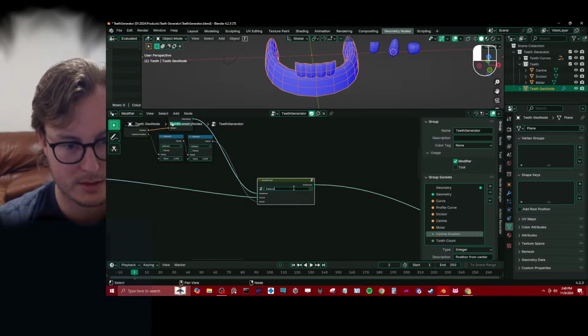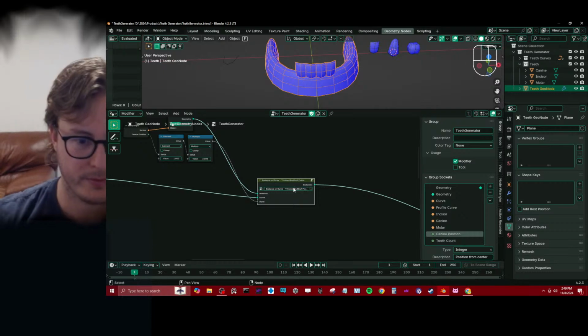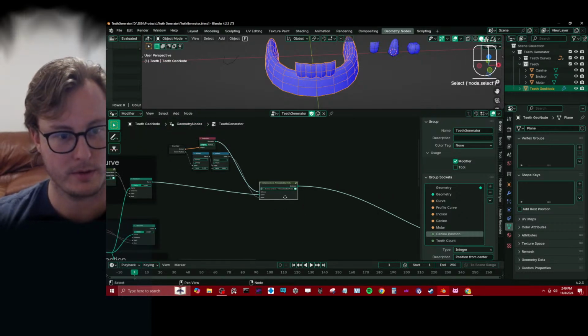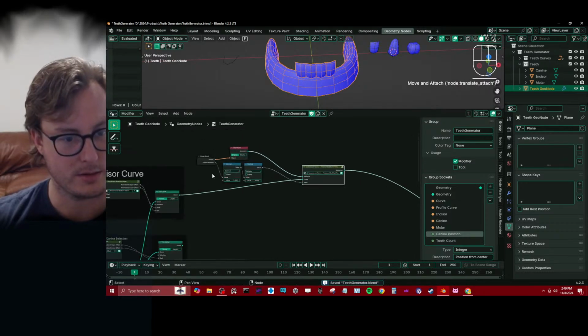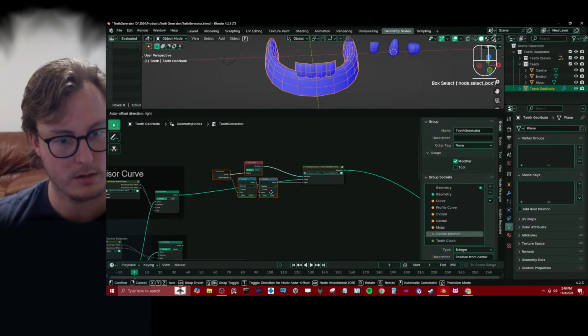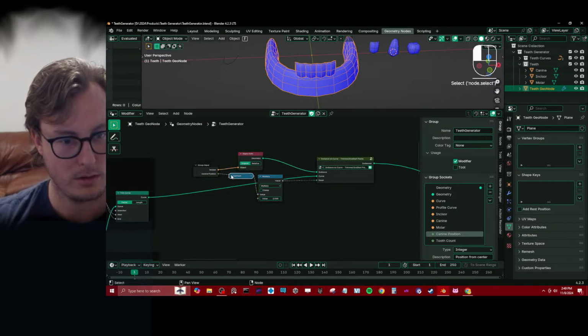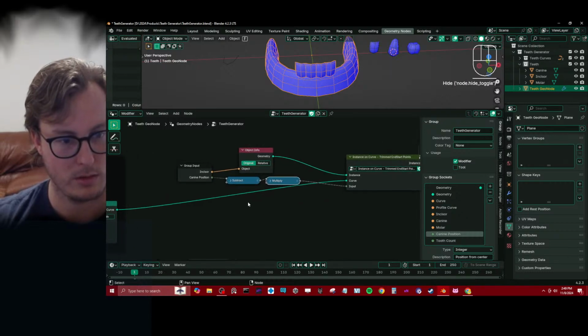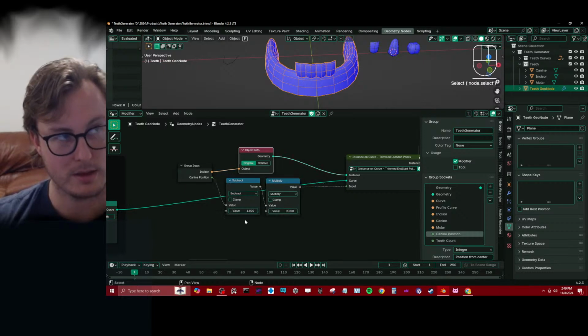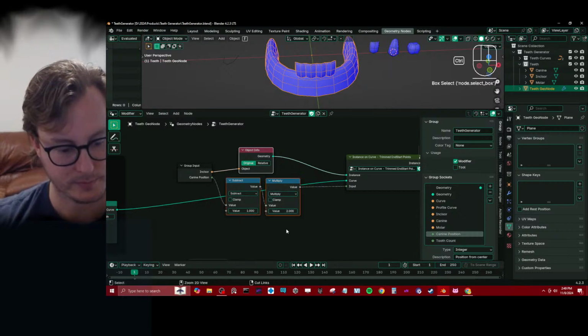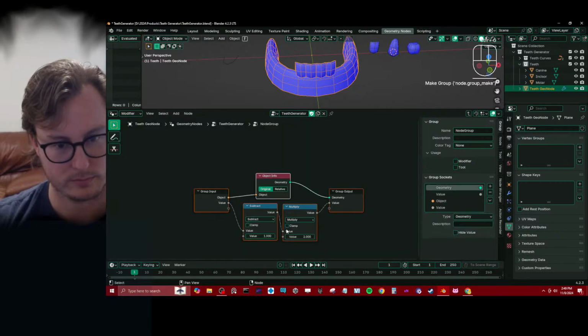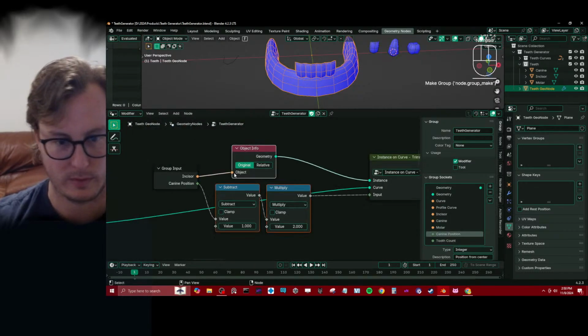So, instance on curve, rim, and start points. Easy peasy. So that's good for the start one. This is the incisor amount. Just these two.